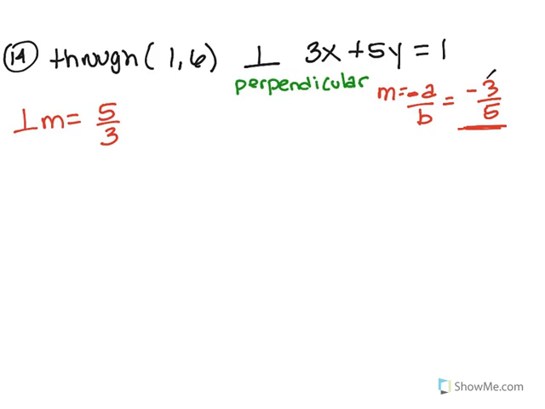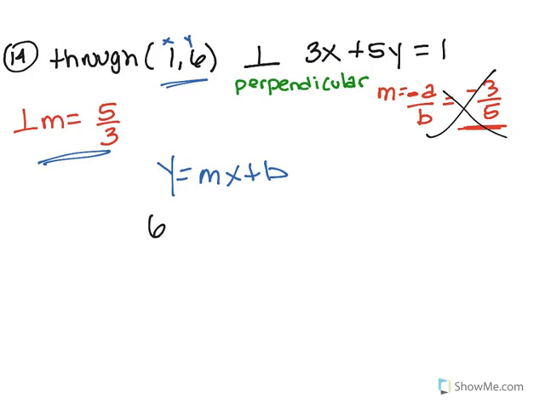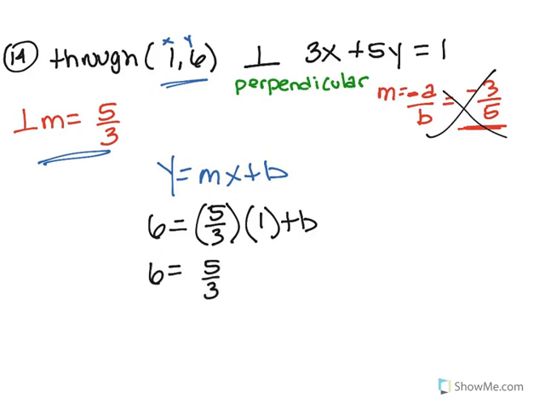That's the slope you're going to use. And honestly, I would be like, okay, that's done. Take my point and my perpendicular slope, and you're going to plug it into y equals mx plus b. So our y is 6. The m that you got to use is 5 over 3 now. And the x is 1. So we have 5/3 plus b.